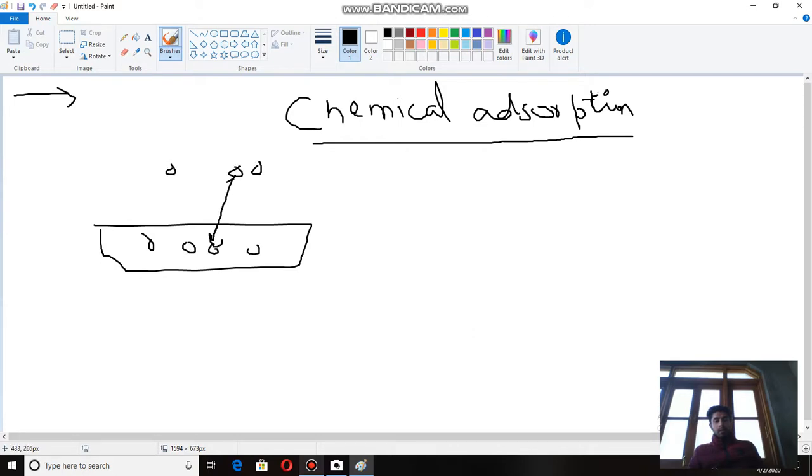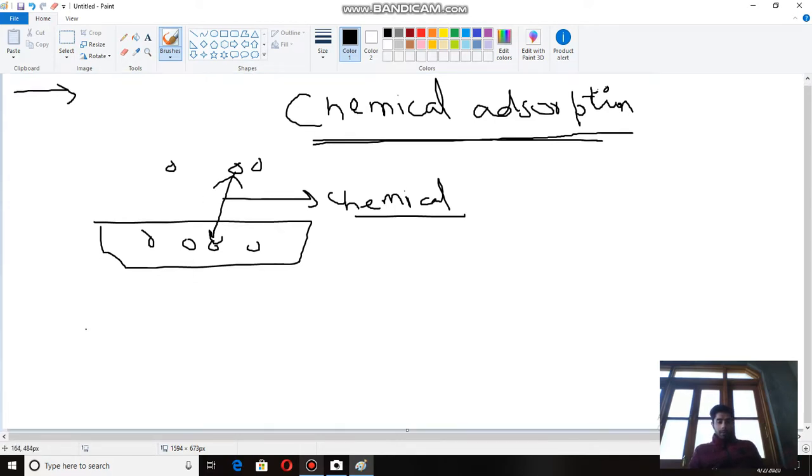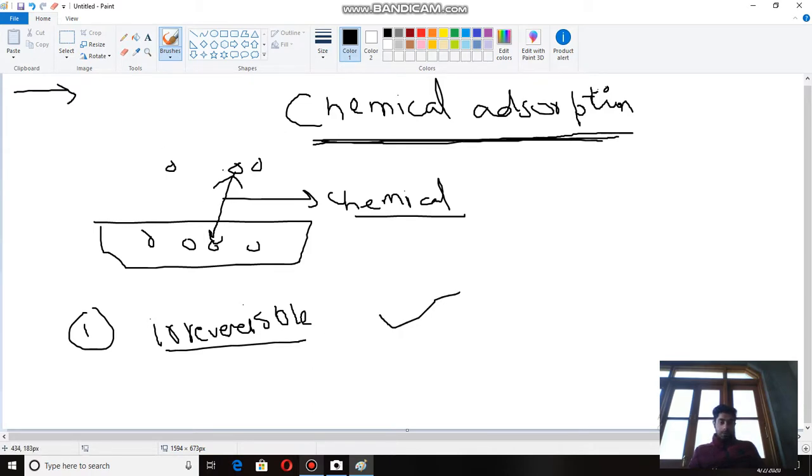They form a kind of bond, a type of chemical bond between these two particles. So this chemical adsorption will be irreversible. It is not easy to break chemical bonds. That's why this chemical adsorption is termed irreversible. No doubt these particles can be separated, but they need some different type of procedures.